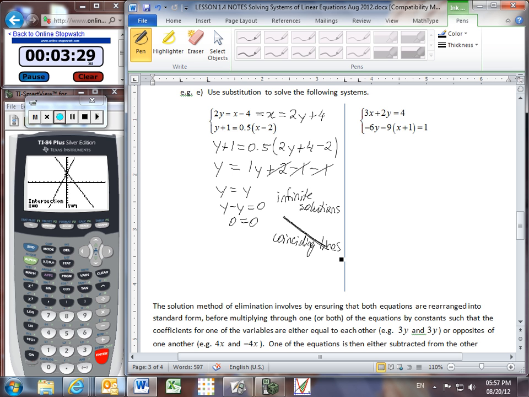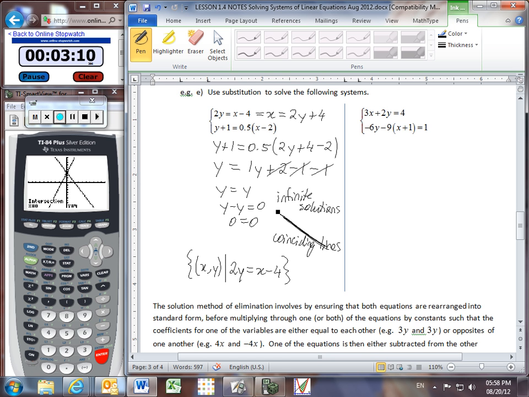And we know that we can describe the set of solutions for coinciding lines as all of the coordinates x, y such that, and you could use one of the original equations, 2 times the y coordinate is equal to x minus 4. That's the rule for all of the points on the lines that are on top of one another.